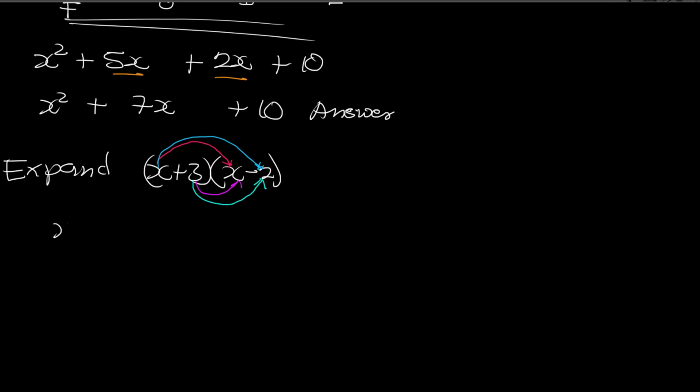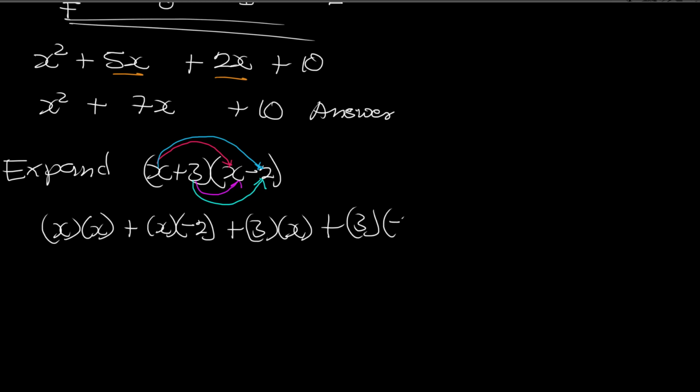This gives us x multiplied by x plus x multiplying minus 2 plus 3 multiplying x plus 3 multiplying minus 2. We obtain x squared plus, let me put this in brackets, minus 2x plus 3x plus minus 6.